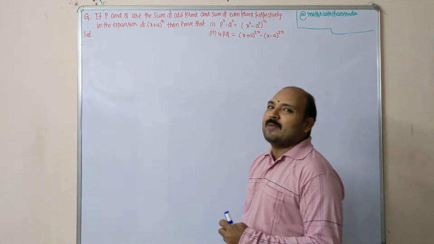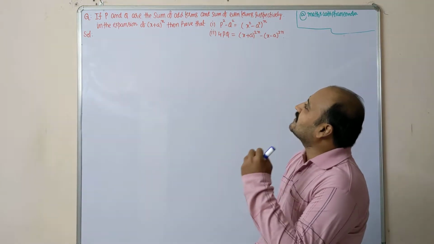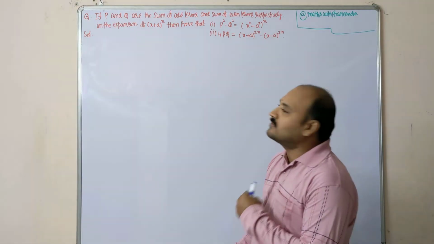And before that, they mentioned P and Q are the sum of odd terms and even terms.